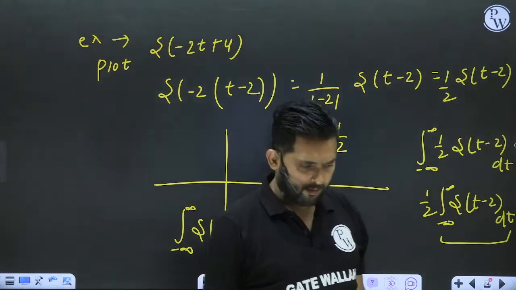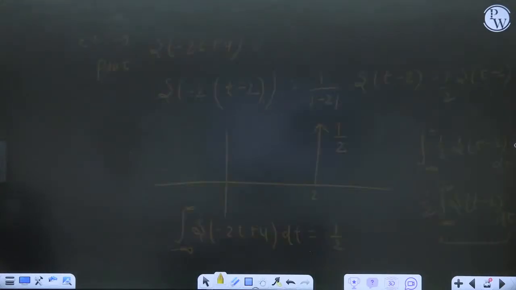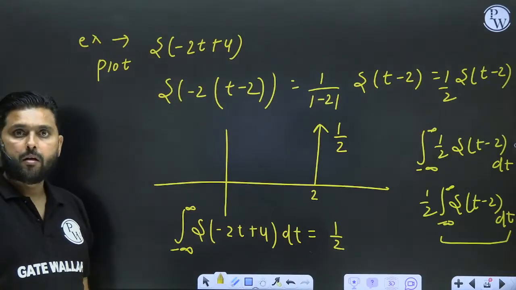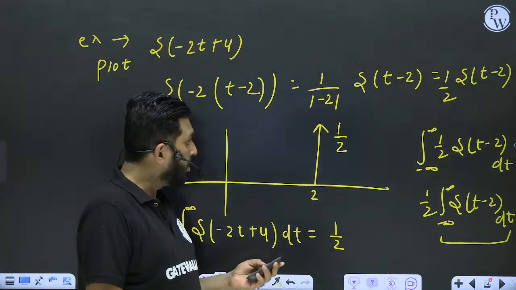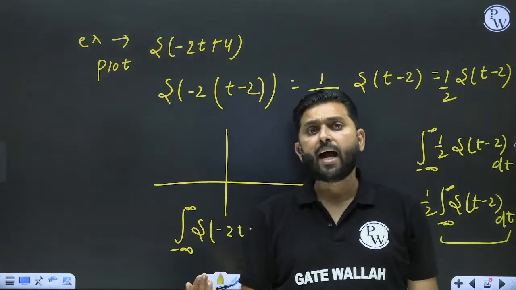Okay, so that's the impulse function representation, denotion, and operations on the impulse function.